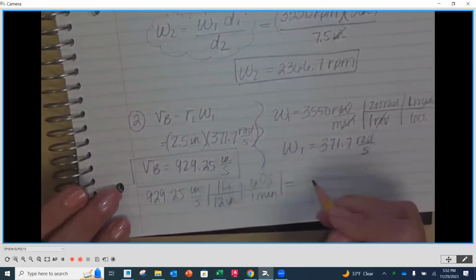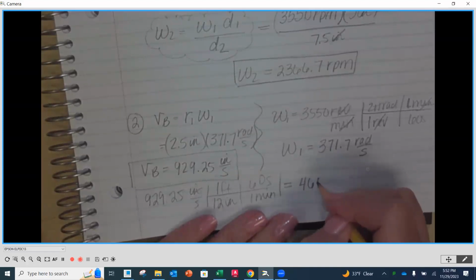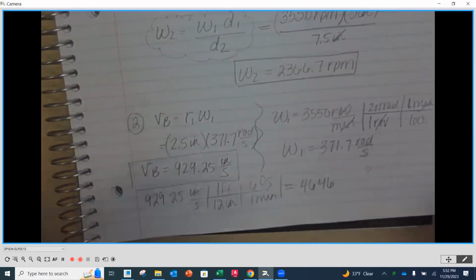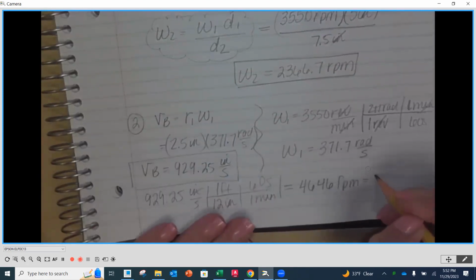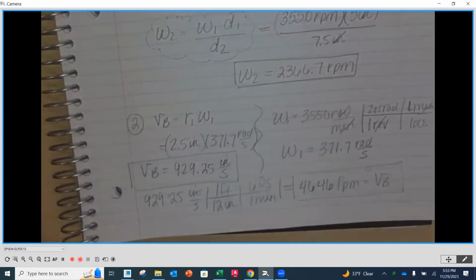So just to be sure. I get 0.25, and that's going to be feet per minute is equal to our belt speed. And that is very typical to put it in feet per minute. That's the most popular.